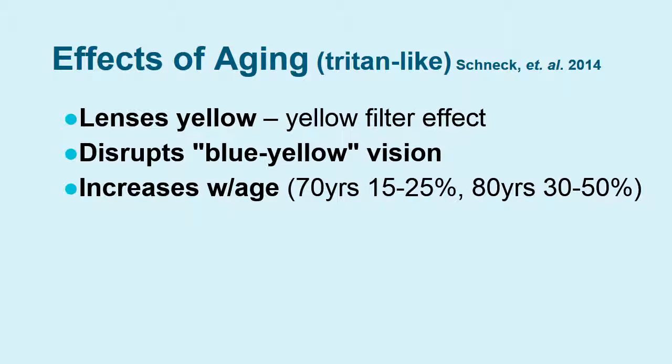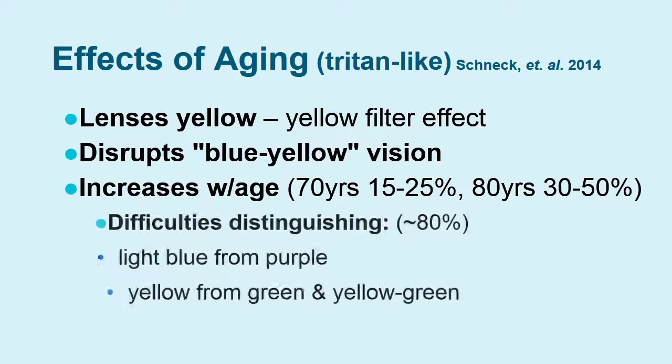And in populations, now there were two different color blindness tests, that's why you're seeing two different percentages there. But in populations of 80 years and more, it was either 30 or 50% of that population that did not pass those tests.